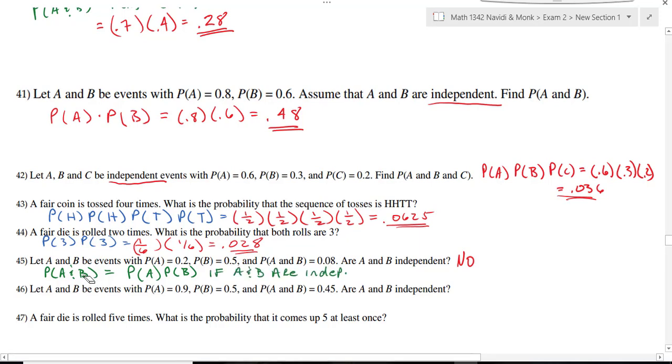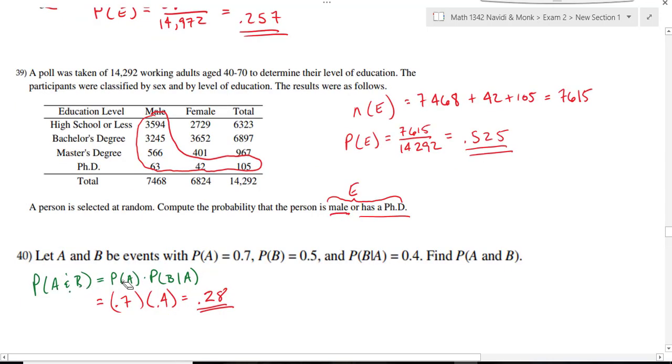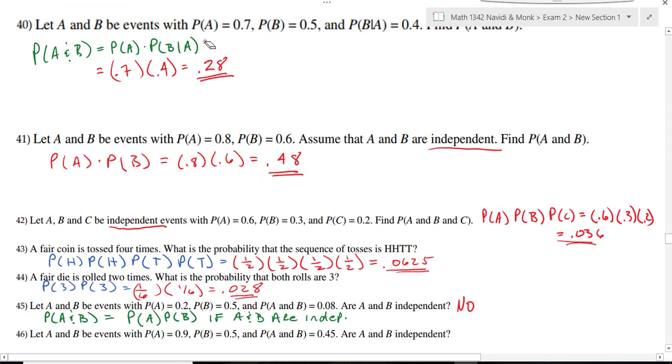This is the multiplication rule if our two events are independent. We saw in a previous problem, number 40, this is the multiplication rule if our events are not independent. So this is the rule if they're not independent. This is the rule if they are. Because they asked us, are they independent, all I had to do was check to see if this ended up being the product of these two numbers.